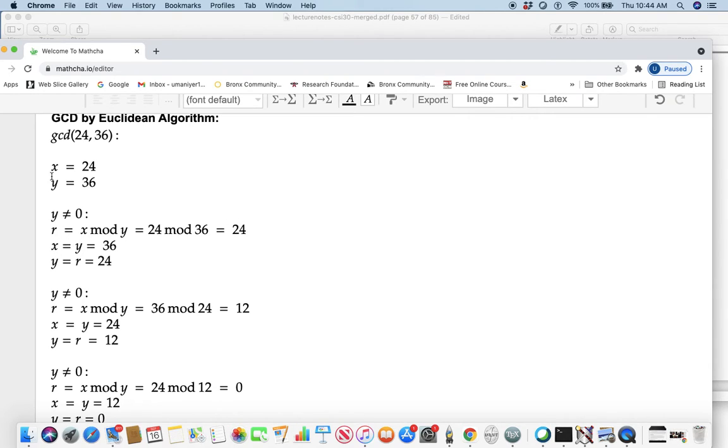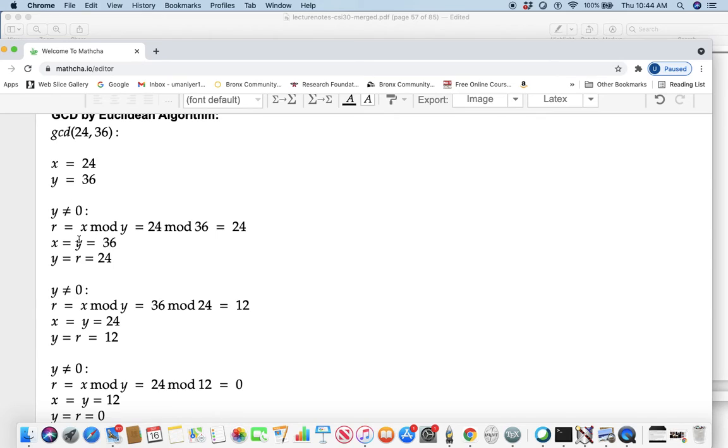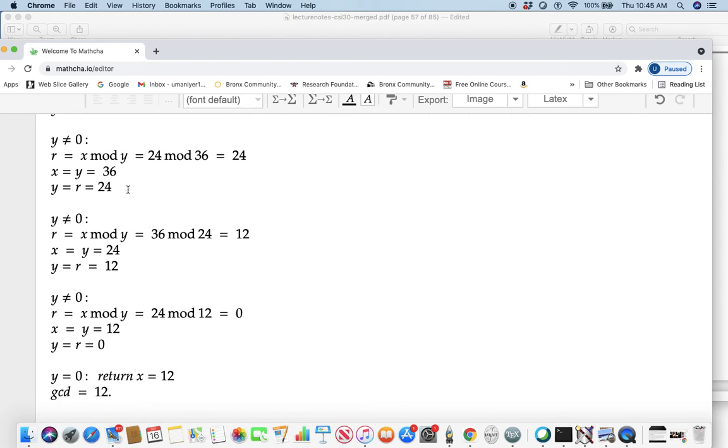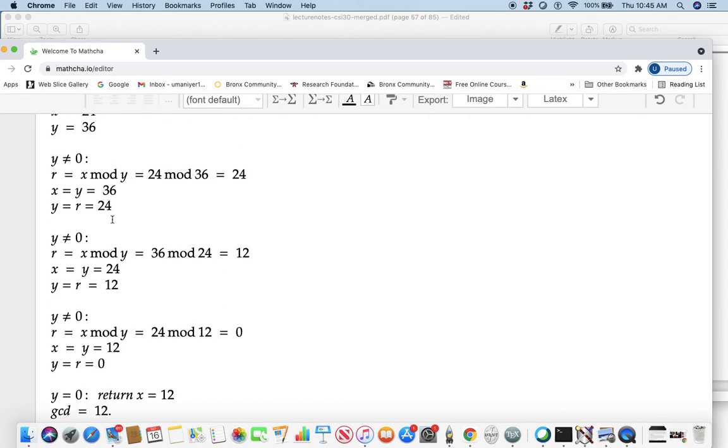So now x gets the old y, and the new y is the remainder. The point is to make the first number bigger than the second. All right, so y has become smaller, it's not yet 0.